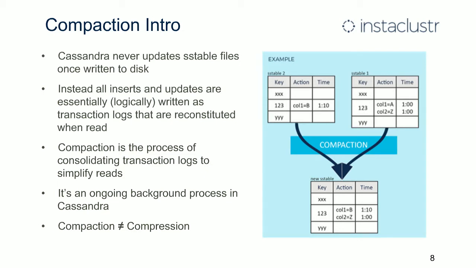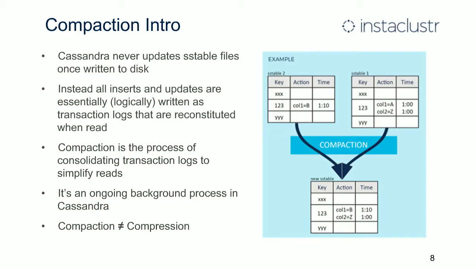So the way I like to think about Cassandra SS tables, and this is kind of a logical view rather than physically exactly what they are, is that they're really transaction logs that are reconstituted when they're read rather than actual values of the data.